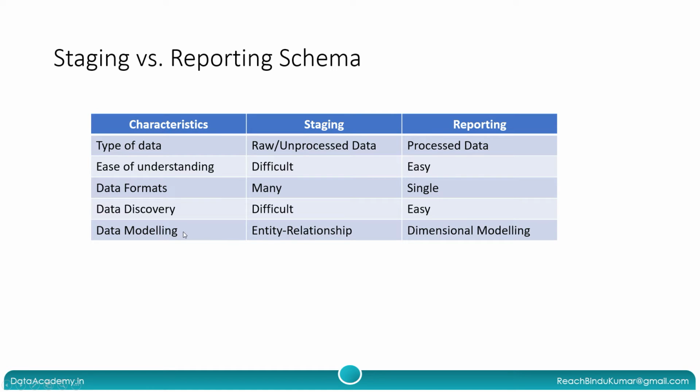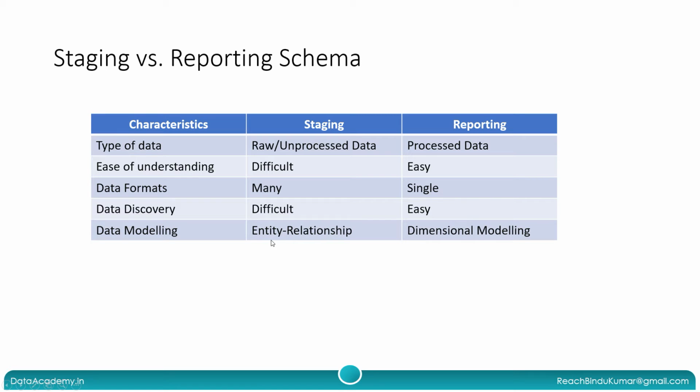And when it comes to data modeling, which refers to the process by which you model the data, you model the tables. In staging, you will see an entity relationship model, because entity relationship is the type of modeling used in systems that generate data, or OLTP systems or transactional systems.